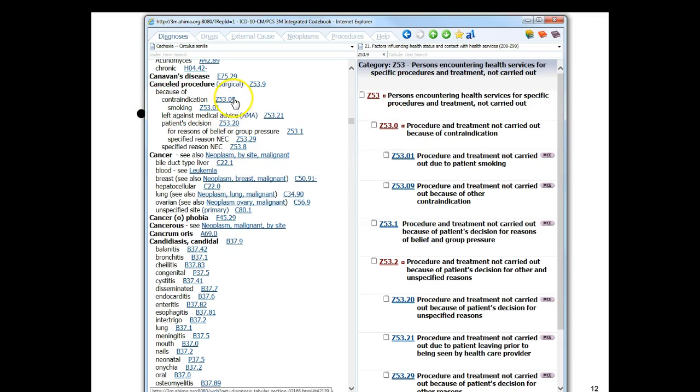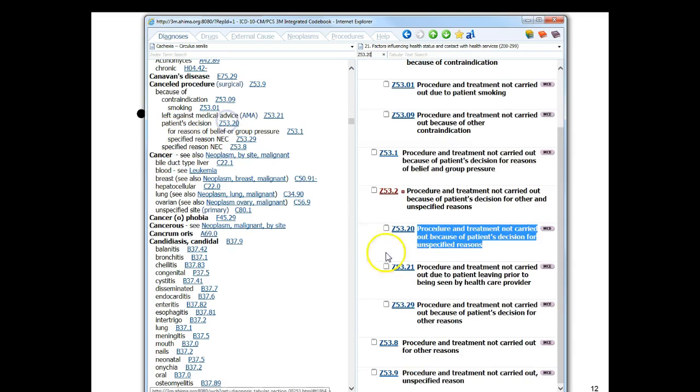And some of those could be a contraindication, meaning maybe the patient has a medical condition and the surgery gets canceled because of that. Sometimes they'll leave AMA, they'll just change their mind and get up and leave and not tell anybody. Patient's decision means that the patient verbalized that they had changed their mind, and then that actually is subdivided so that you can designate if for some reason they had a religious belief.